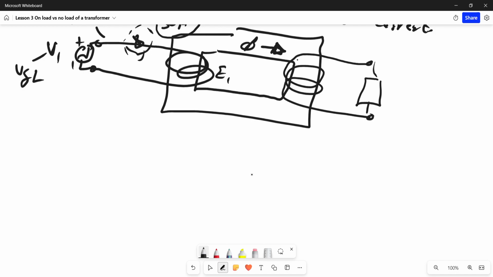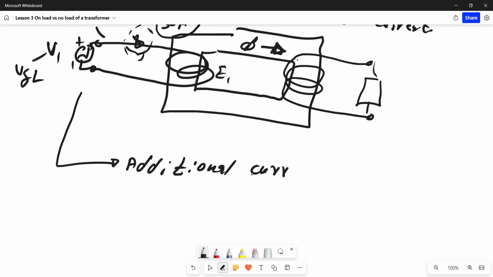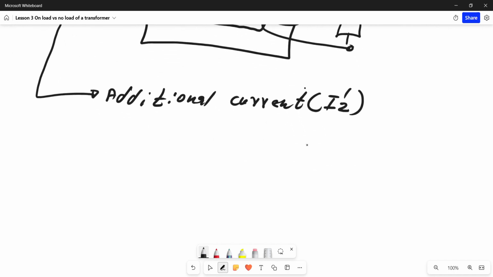Usually this current that is flowing extra in the primary, we call it additional current, or simply I prime 2.